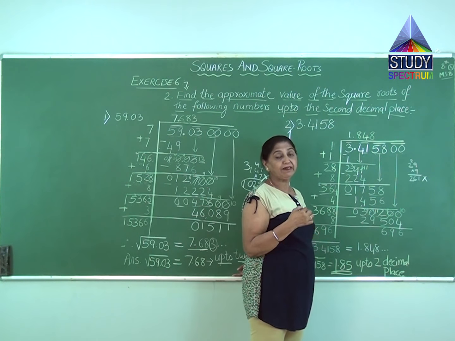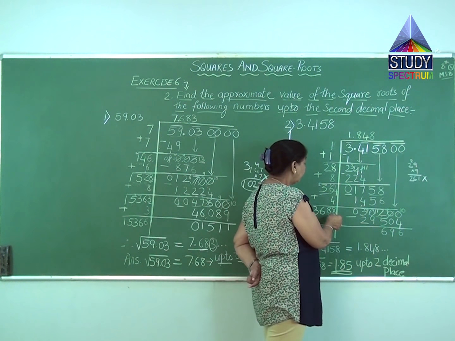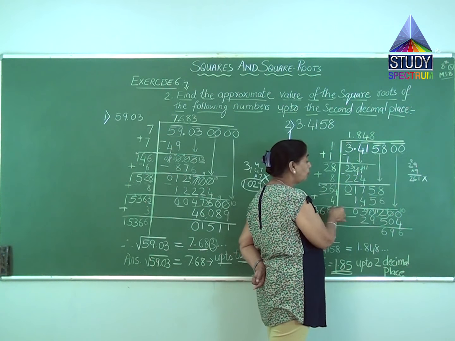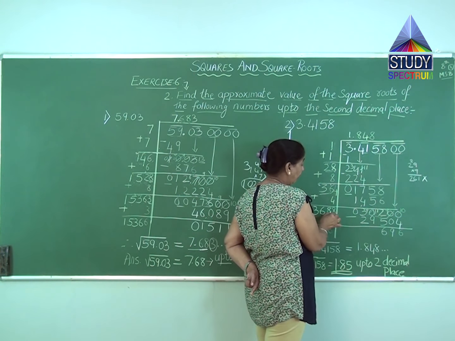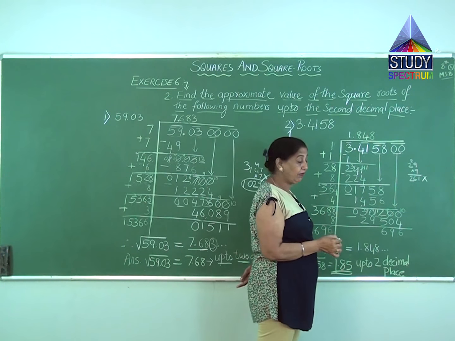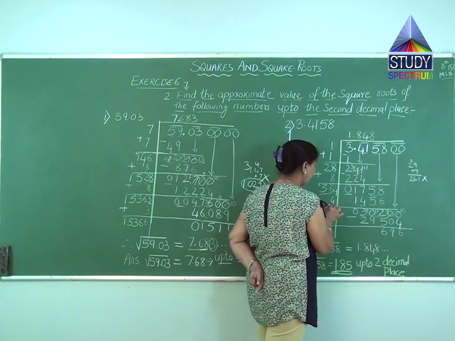To solve further, what I have to do? Again I have to take some number that multiplied by this number should give me the number near to this. But before this we have to remember that this last pair I have to bring it down. So after bringing it down, it becomes 30,200. So I have taken 8 here, so I will multiply same number 8 with this number. Now 8 into 8 gives me 64, 4, 6 carry.